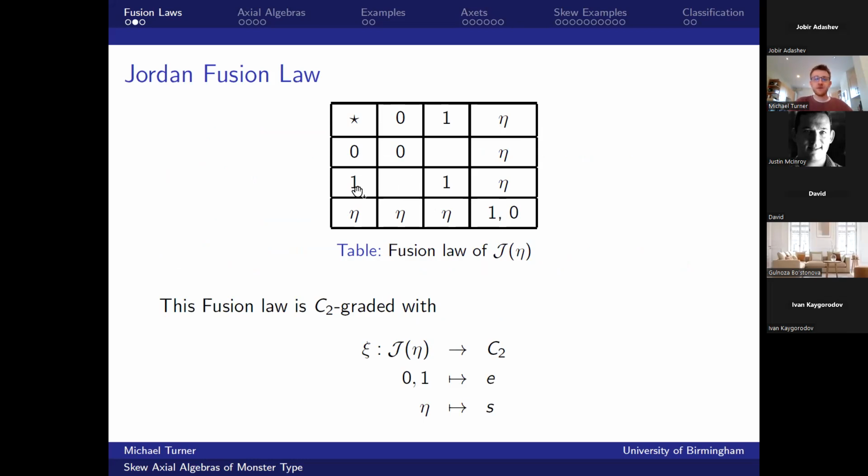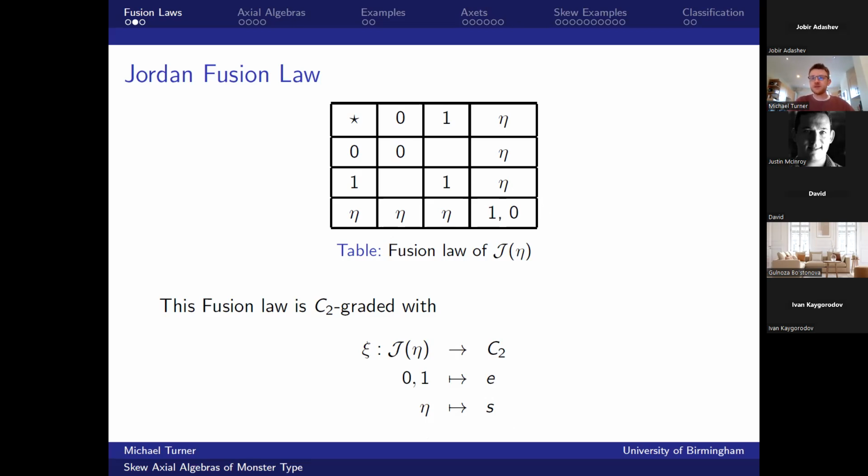So maybe to clarify, 1 star 1 is equal to the set containing just the element 1, and eta star eta is going to be the set containing 1 and 0. This fusion law is C2 graded. So 0 and 1 will go to the identity element of C2, while eta will go to the non-identity element of C2.